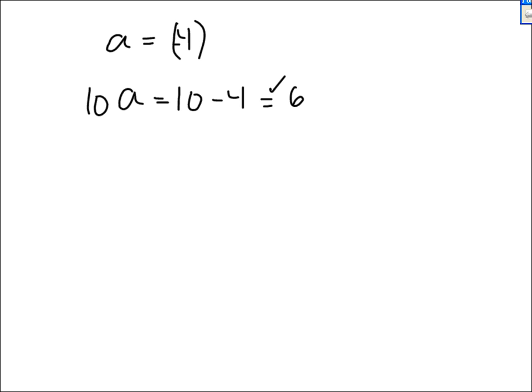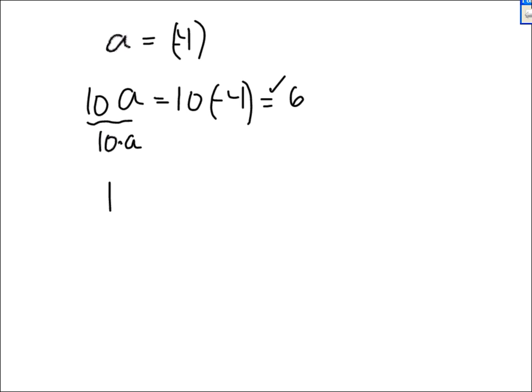And I'm not going to argue with that. Very good. 10 minus 4 is 6. But the problem is that this was 10 times A. You're supposed to be multiplying the 10 and the A. And if you don't put the brackets, you might think it's 10 minus 4.